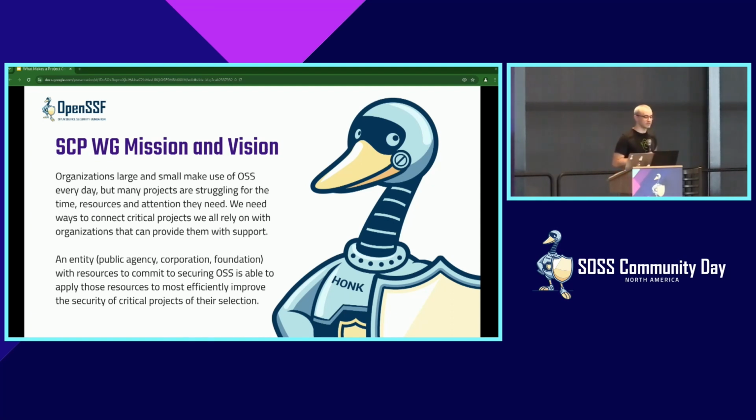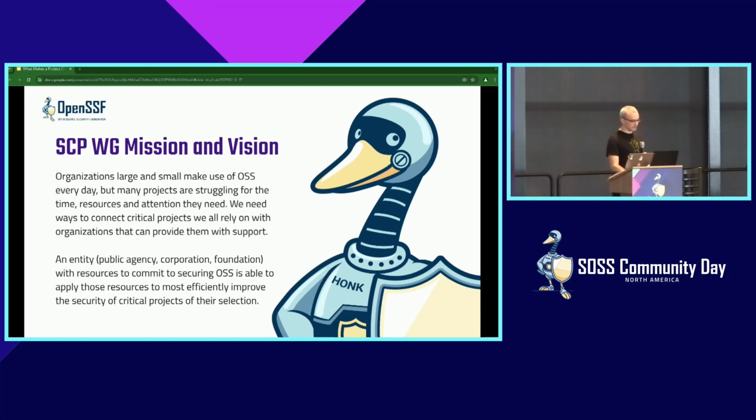They don't have all of the support that they need. And so the vision for the working group is that if you are an entity and you think, hey, open source is important to my organization, I want to give resources to open source to improve its security, that is easy to do, and you can do that in an effective and efficient way.